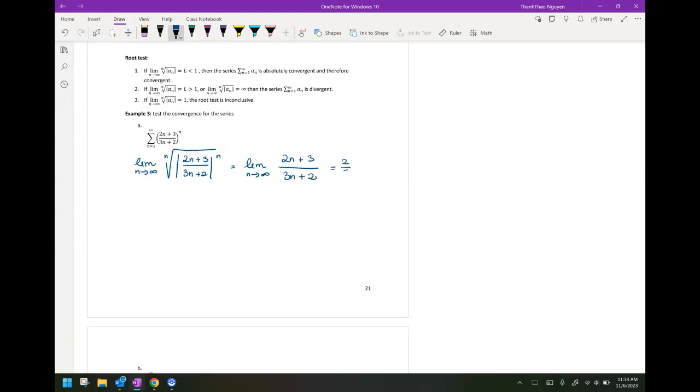This equals 2/3, less than 1. So our series is absolutely convergent, and therefore convergent.